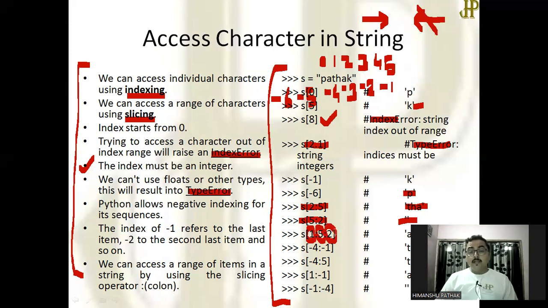It means it will print the 1st position, that is A, then ignore the next character and go to H. It will print H, and so on. Clear? It will not print K. Why? Because the length is given 4. 5 minus 1 is equal to 4. So it will go up to A. That's why here only 2 values are printed, that is A, H.